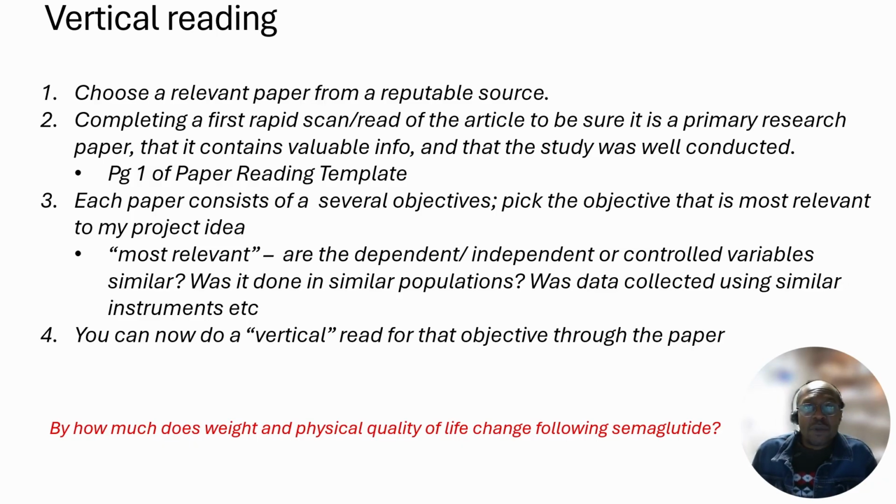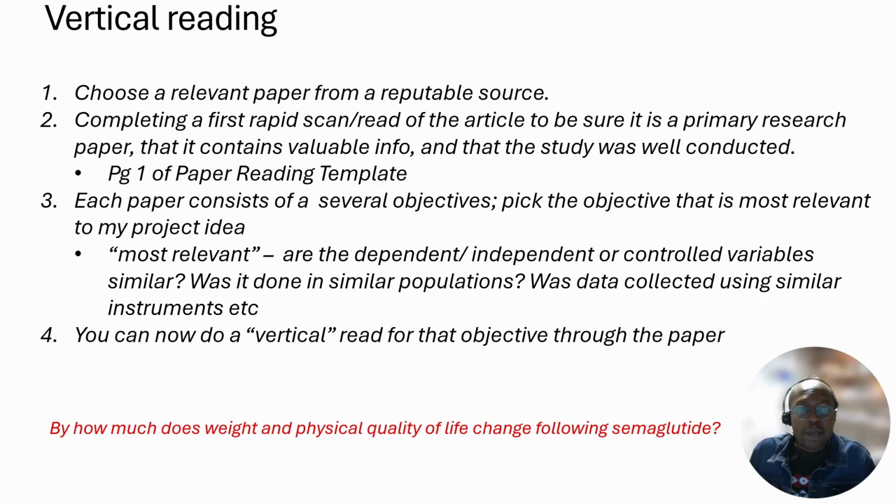Let's say I'm interested in body composition, but all the paper is reporting is body weight. Well, body weight could be fat, it could be lean mass, I don't know. So, did the paper do the types of studies to differentiate fat mass from muscle? Again, these are the things that help you determine if the paper is really relevant. You don't want to pick an irrelevant paper and waste time reading it.